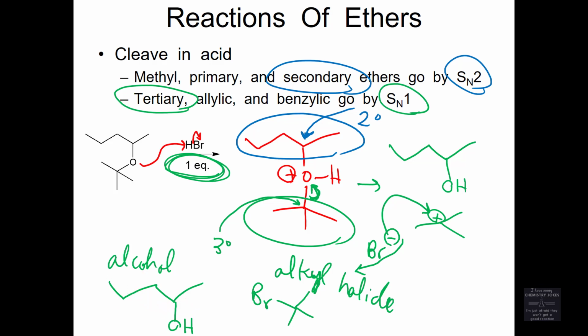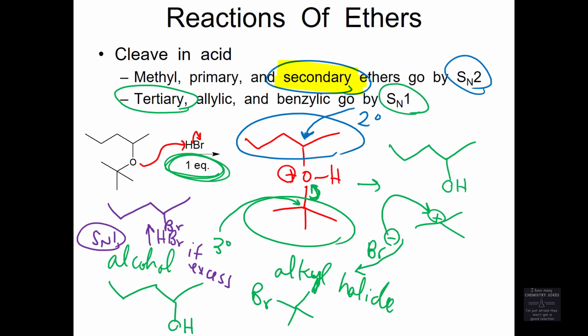Let's come up with another color. If you had excess HBr, you would undergo another SN1 mechanism to give you that purple alkyl halide. Okay, one thing that I think is worth pointing out, secondary alcohols do SN1.